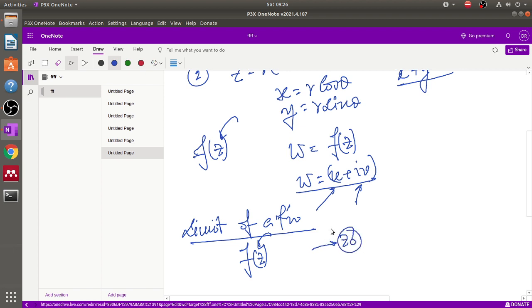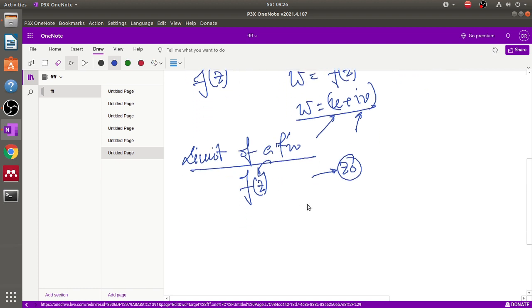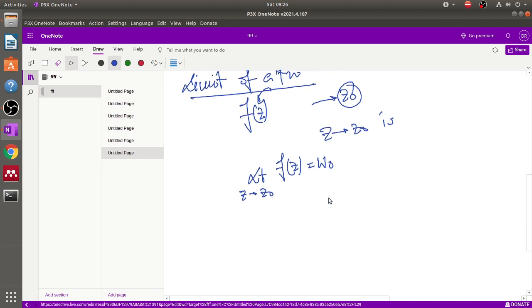Then the limit of f(z) as z approaches z0 is w0, that is, when z tends to z0, the function is represented by w0. This is called the limit of the function of a complex variable.